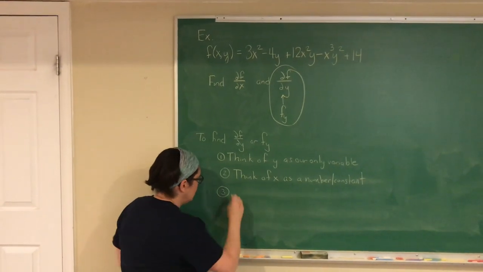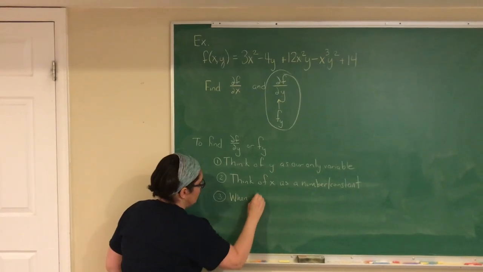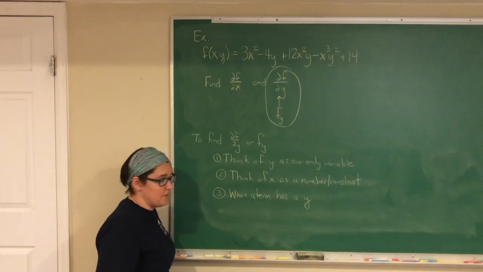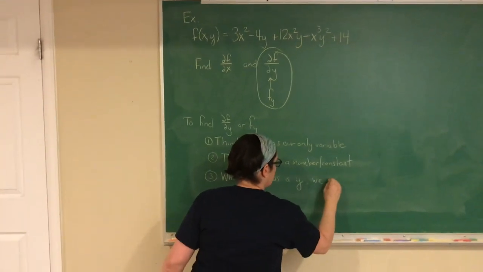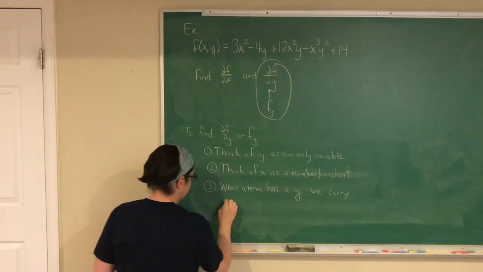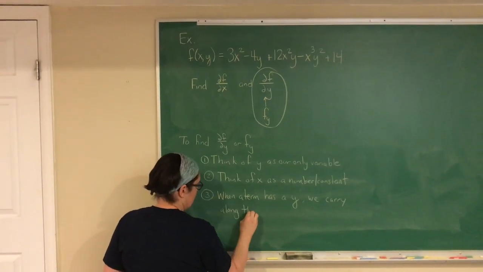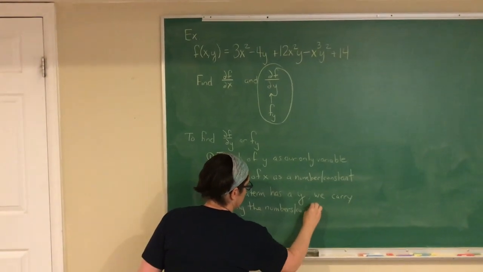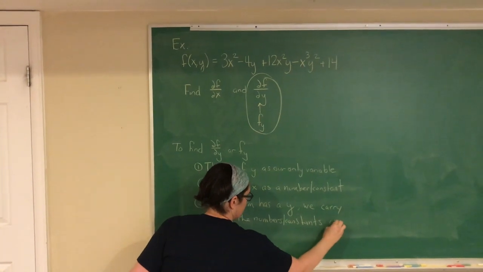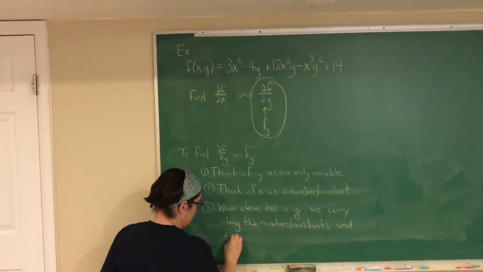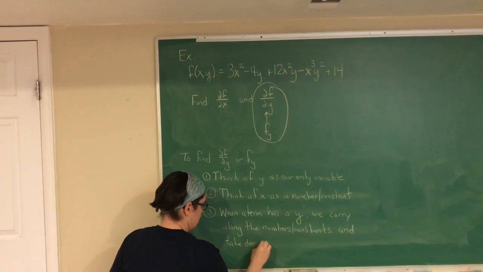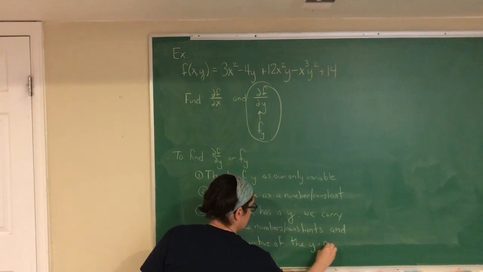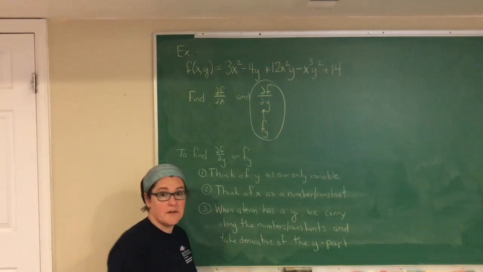And once I do that, when a term has a y as part of the term, we carry along the numbers and the constants, and take the derivative of the y part of the function.